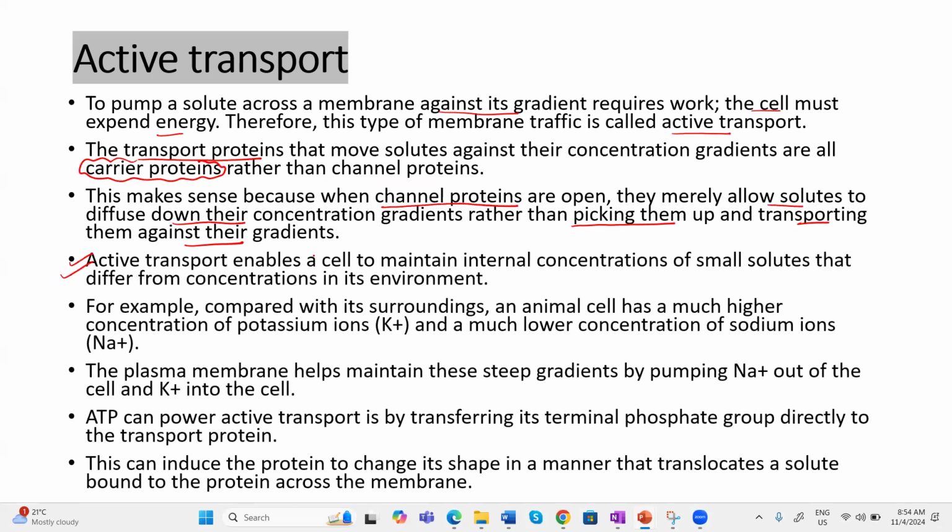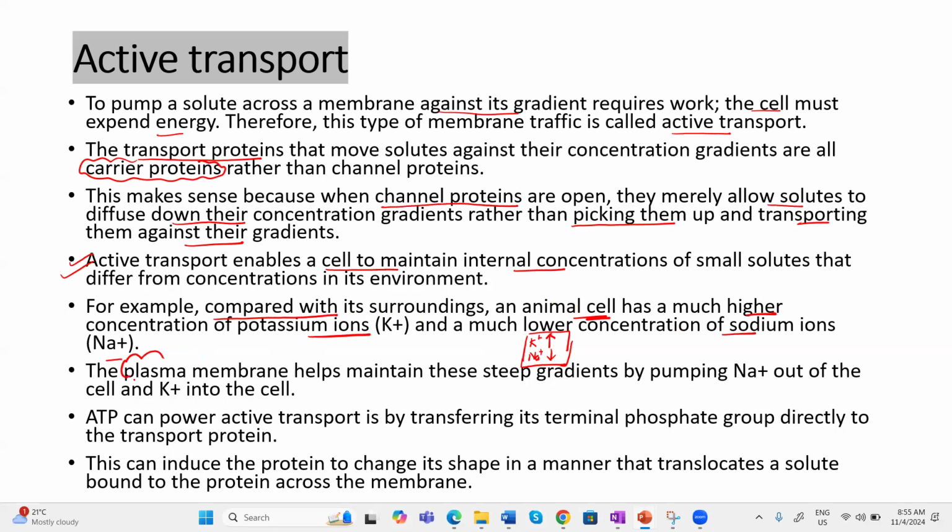Active transport also allows the cell to maintain an internal concentration of solute different from the surroundings. For example, inside an animal cell, potassium concentration is high and sodium concentration is low compared to its surroundings. How are they able to achieve this?